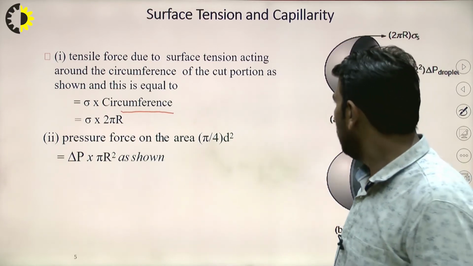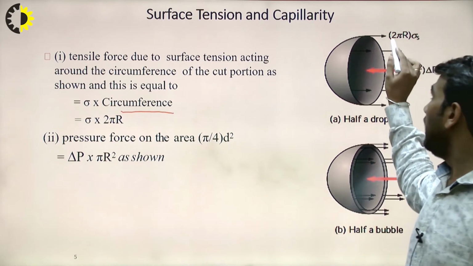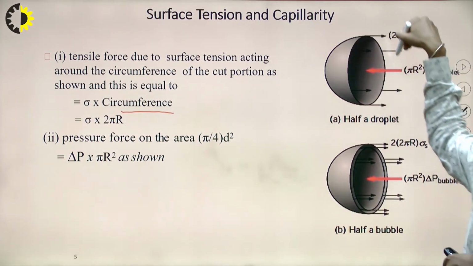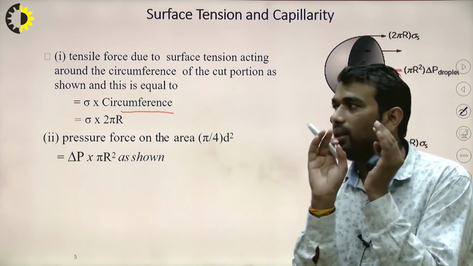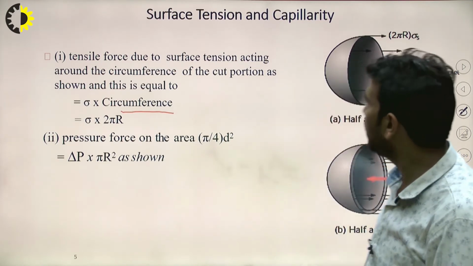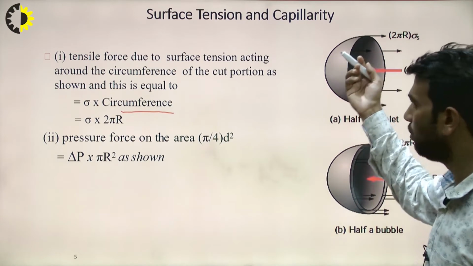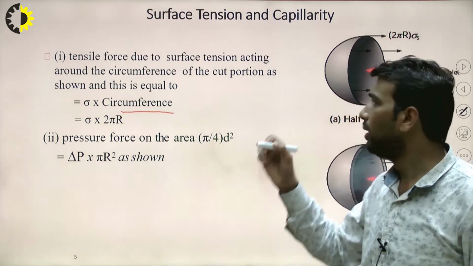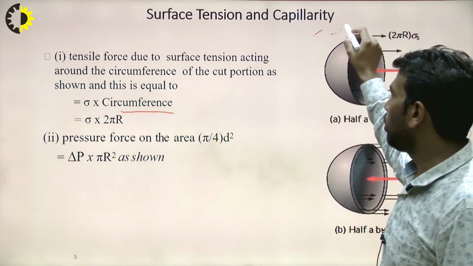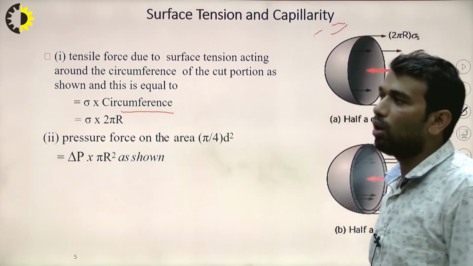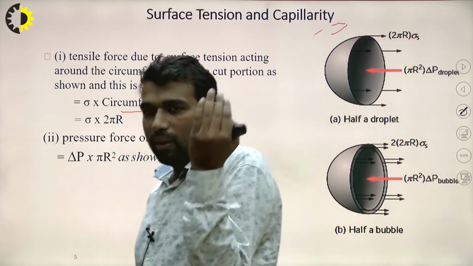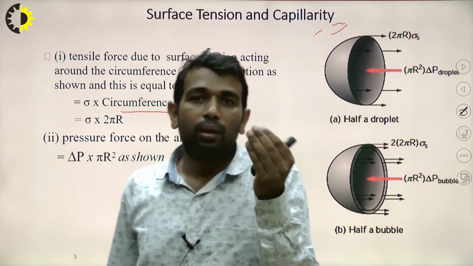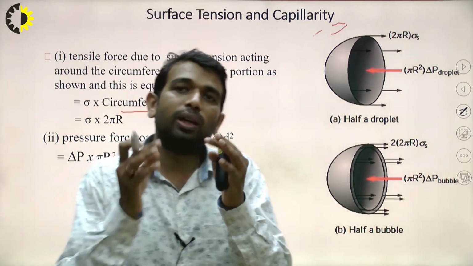Next, to balance this circumferential surface tension force, pressure is going to be generated inside the droplet. Consider the change in pressure difference, because you can understand that outside is the atmospheric pressure, and definitely this droplet has a pressure much more than the atmospheric pressure; only then is it going to survive.